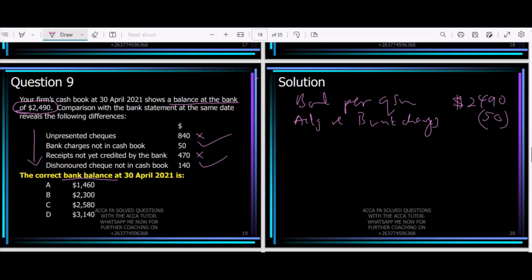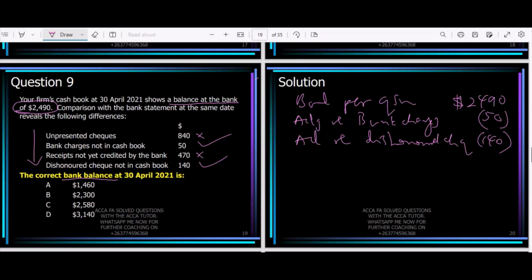Remember, the bank charges deduct the balance. And then the dishonored checks. These ones were 140. Again, these ones reduce our money.